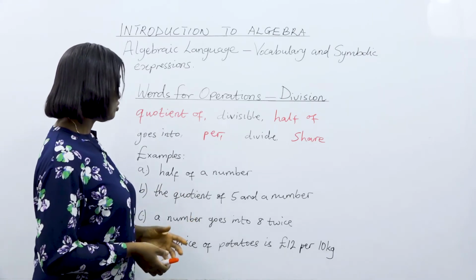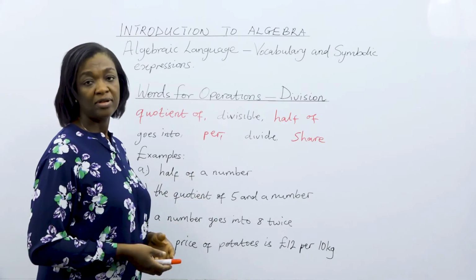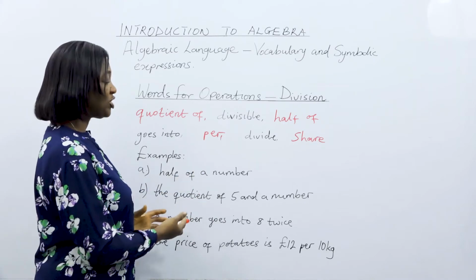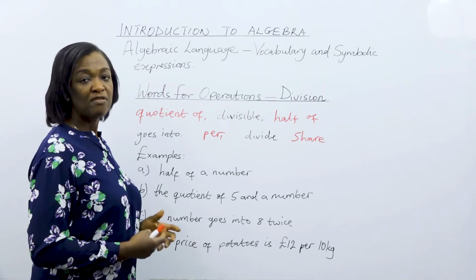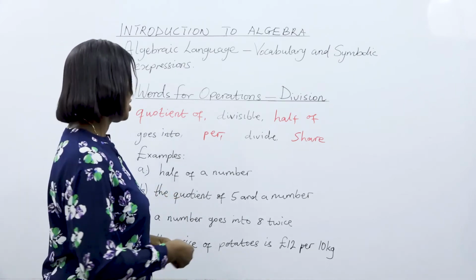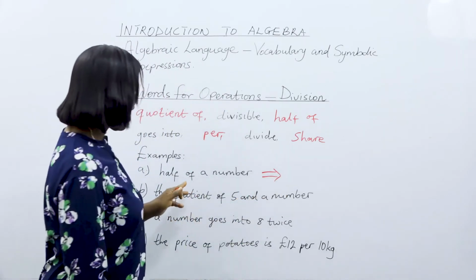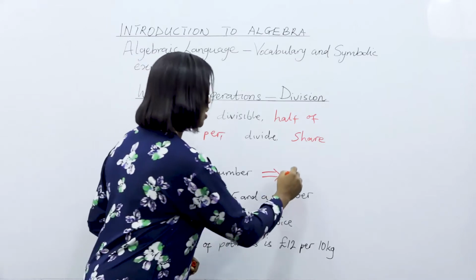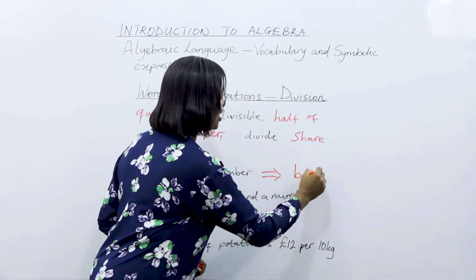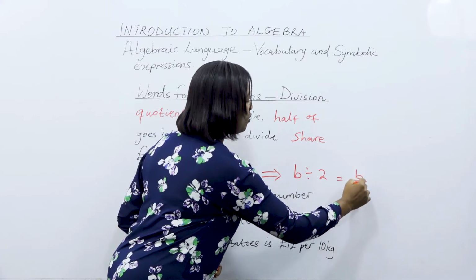So for example, half of a number. So to write that expression, half of a number, first let the number be b. So when you say let the number be b, half of b will be b divided by 2, which is the same as b over 2.